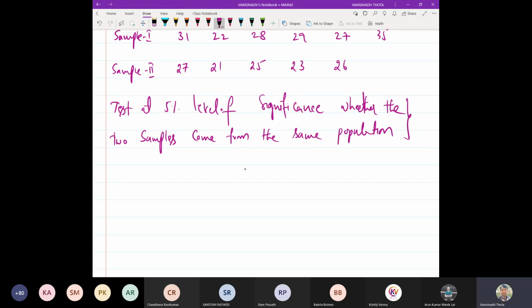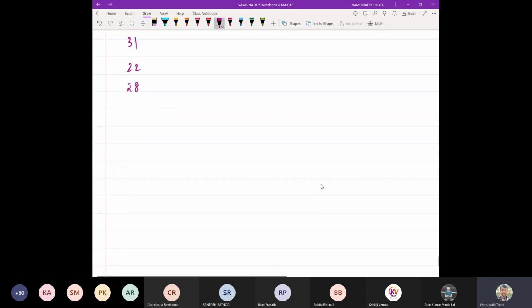So for example, how to evaluate using the sample means, as we practiced yesterday. For sample 1, what is the data here? 31, 22, 28, 29, 27, 35.